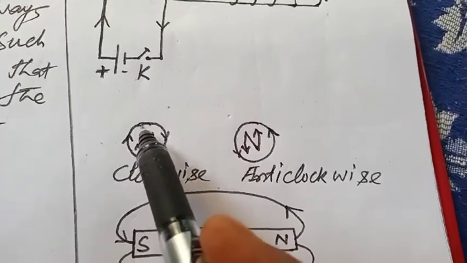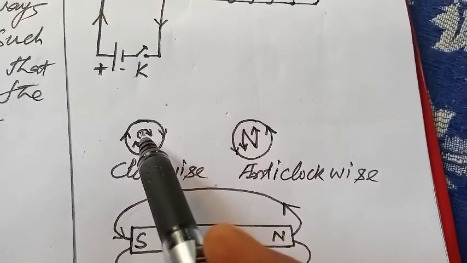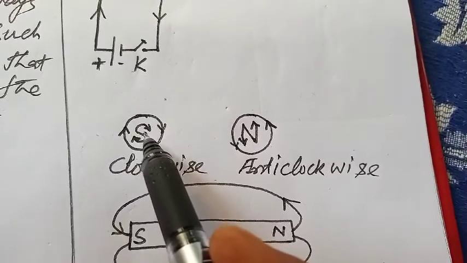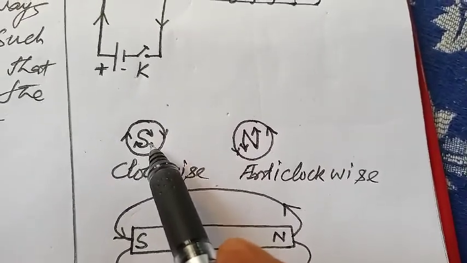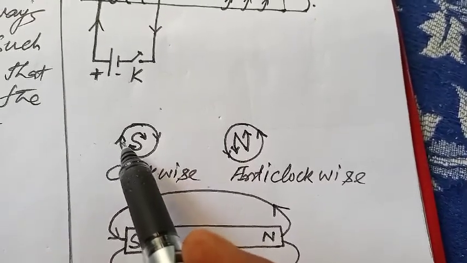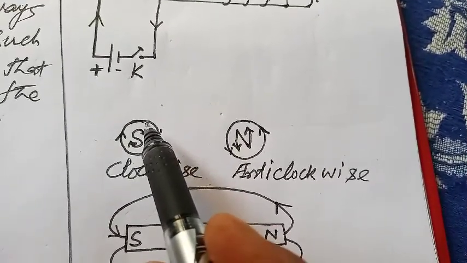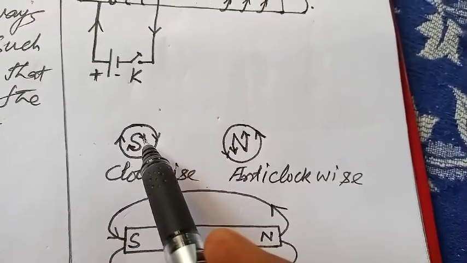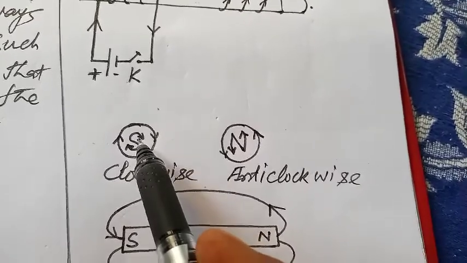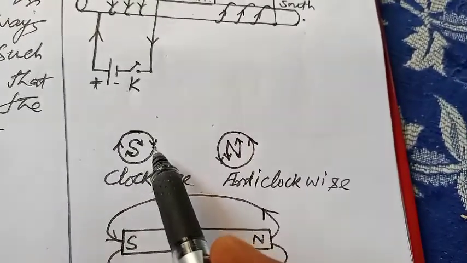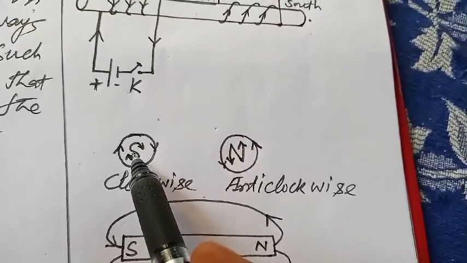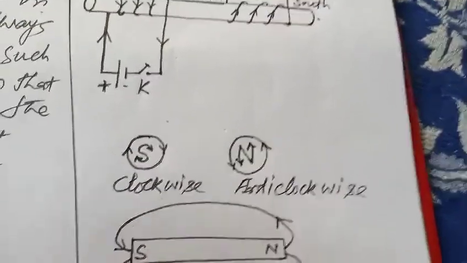If the current flows clockwise, that will be just like the letter S. Write S. Here is the end of the S with an arrow, which is the same as clockwise, and on this side the second end of the S has an arrow similar to this. So if current flows clockwise, that face is south.